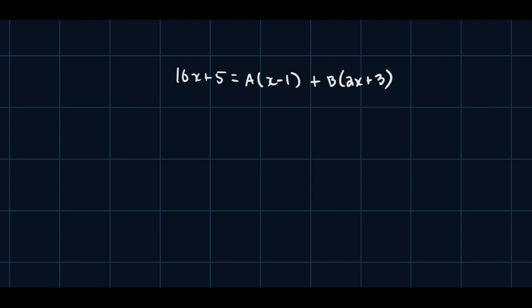Okay? Again, sa strategic substitution, pipili tayo ng magandang x value na gamitin para ma-solve natin agad yung isa sa mga unknowns natin. Medyo madali naman ma-figure out yun kung ganito yung itsura ng ating equation. Okay?